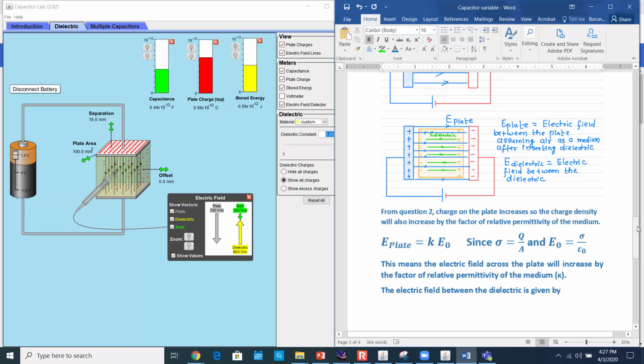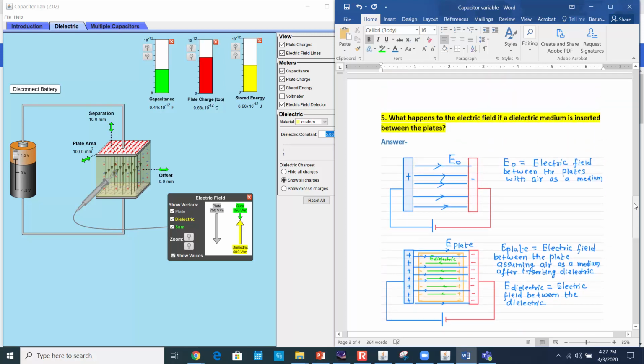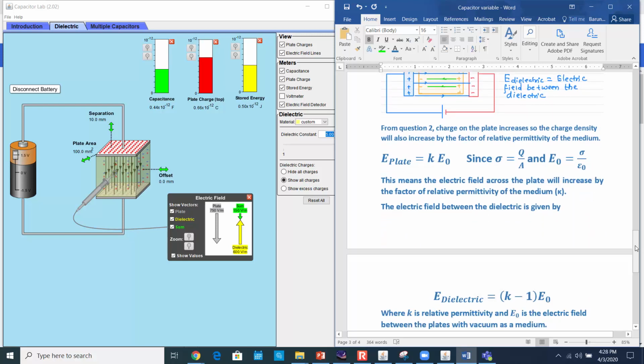E naught, as I mentioned before, is the electric field between the plates when there is no other medium, just air. But once we place a dielectric, the electric field will go up by a factor of K, or kappa, where kappa is the relative permittivity, because the amount of charge stored has increased by a factor of kappa. So the electric field between the plates will also increase by a factor of kappa.